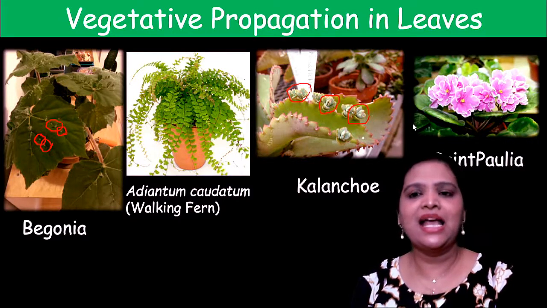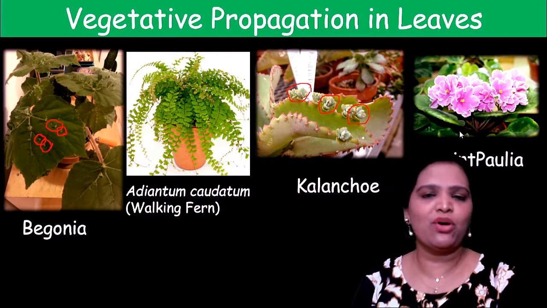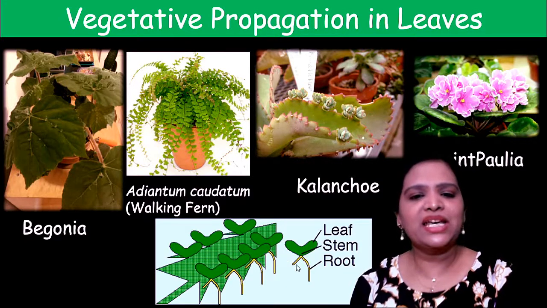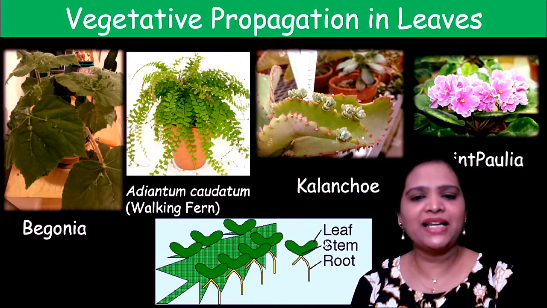Another beautiful violet-colored flowering plant is Saintpaulia. They also have adventitious buds on their leaves. If this is an adventitious bud, it definitely has leaves, two leaves, three leaves like this, and it has short roots.